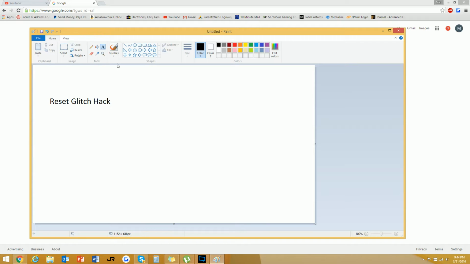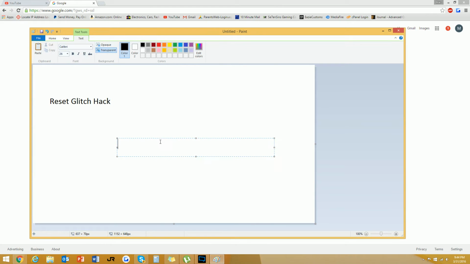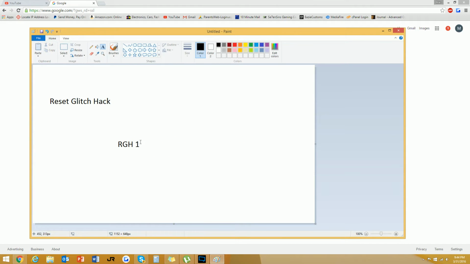Now, stepping away from the JTAG side, let's move to the RGH side. First things first, starting with RGH1. Well, what does RGH1 mean? Simply, RGH1 means reset glitch hack 1.